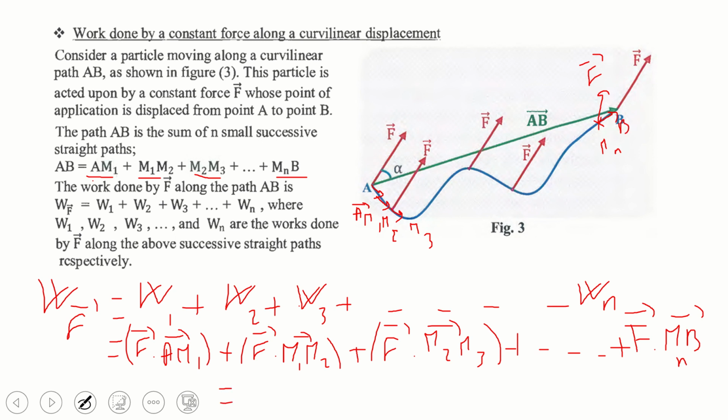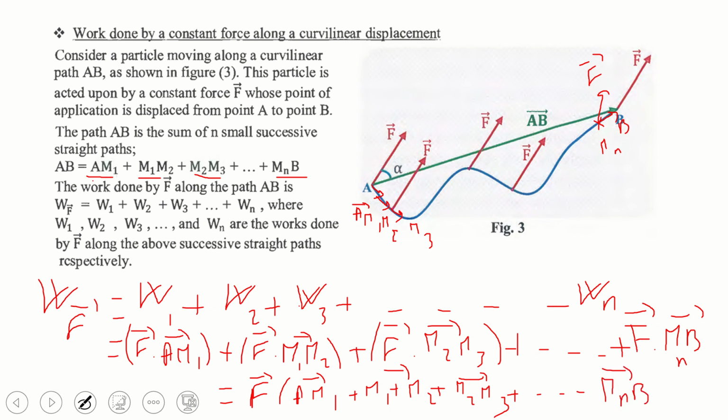If we consider F as a common factor, we obtain AM1 plus M1M2 plus M2M3 plus MnB.